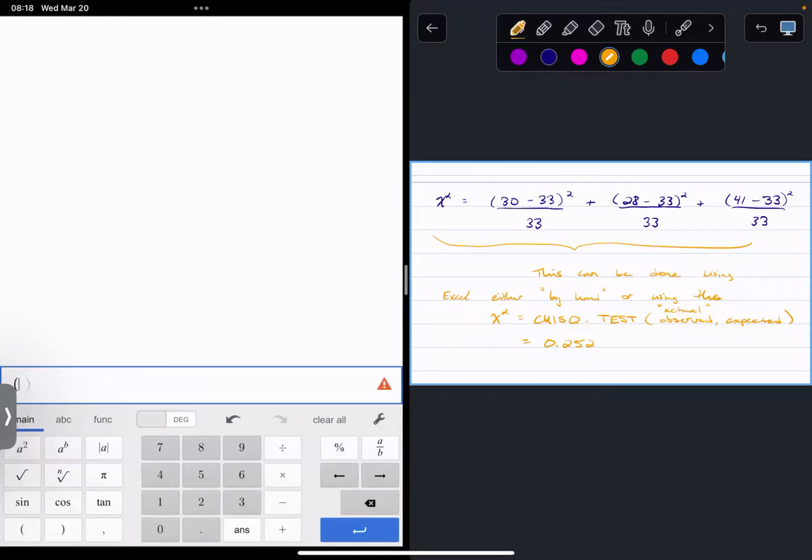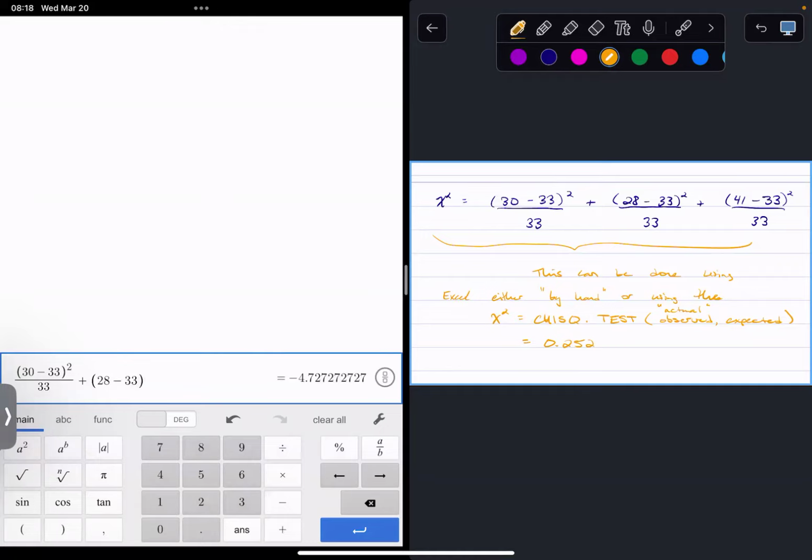I want 30 minus 33 squared, then divided by 33, plus 28 minus 33 squared divided by 33, plus 40.